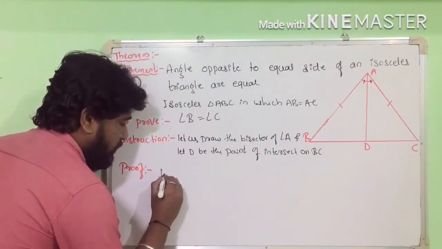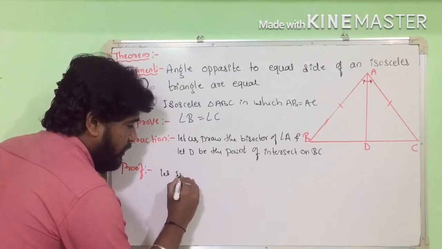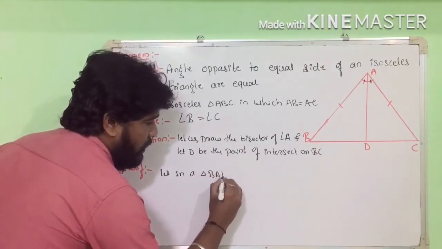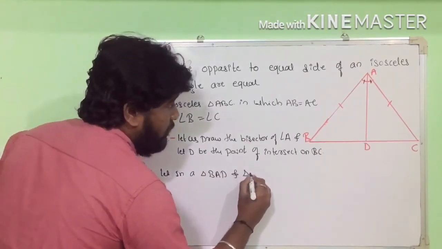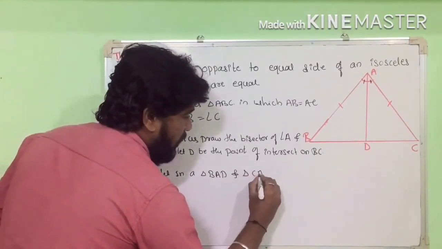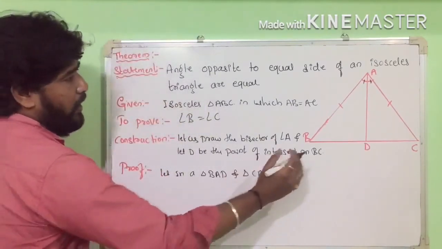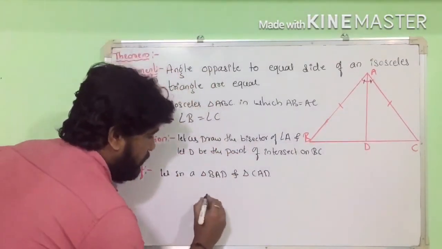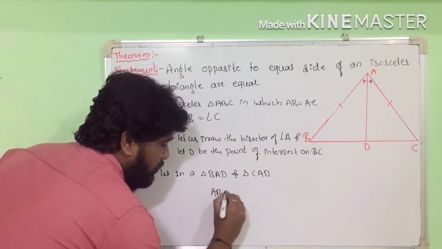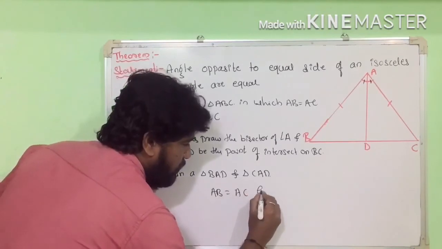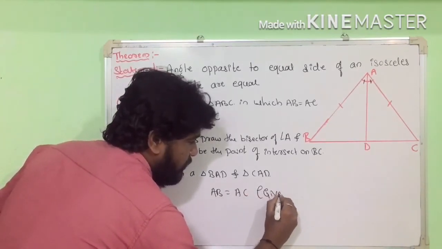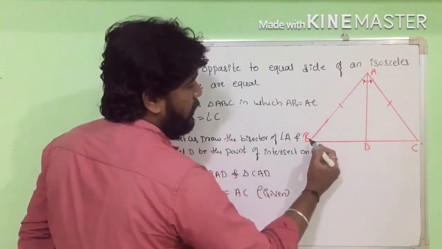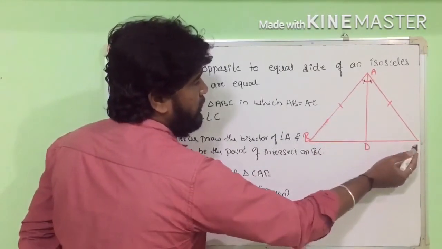So let, in triangle BAD and triangle CAD, in these two triangles, side AB is equal to AC, they only given, right? So AB is equal to AC, reason given. And see here, the angle BAD is equal to angle CAD.